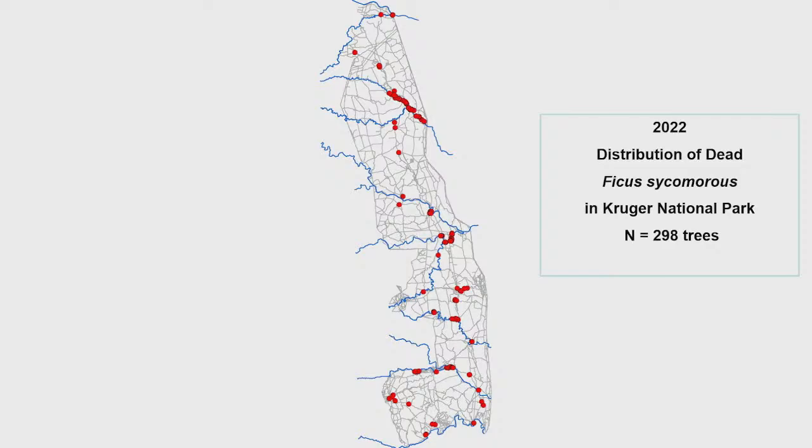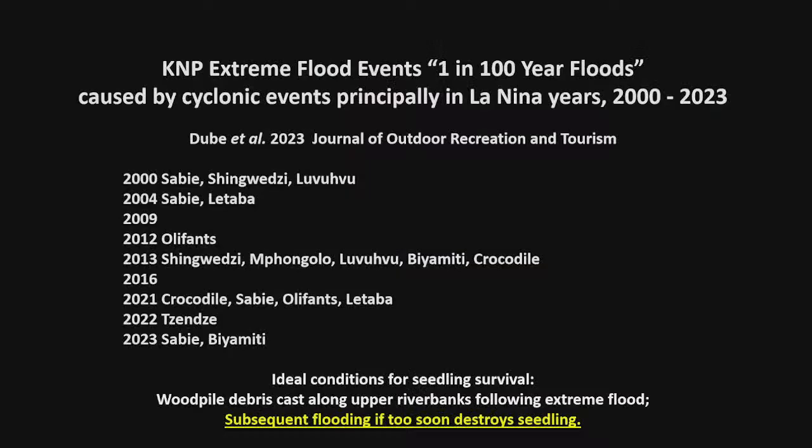If the flood of the century occurs once a century or maybe twice a century, it's good for recruitment of figs. The wood piles of debris created up on the riverbanks by floods are ideal places for young seedlings to grow, receive nutrients, and maybe some protection from browsing and trampling.